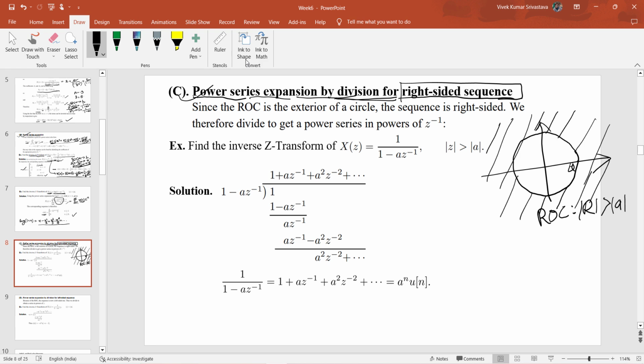So, power series expansion method. As we know, for a right sided sequence the ROC will be mod z greater than mod of a, and once you write the z transform, this will be in the form of negative powers of z. So for this kind of signal it will be in the form of negative powers of z.